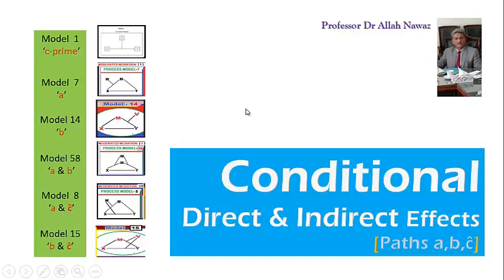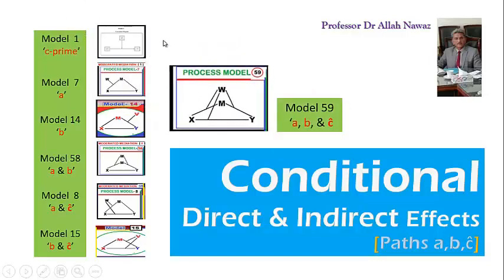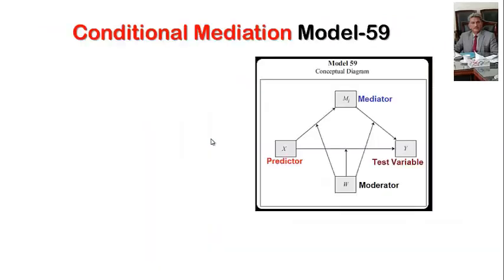Today we will talk about how a moderator can be used to affect all 3 paths at the same time, and for this purpose we will use Model 59, which appears graphically like this: the effects of a moderator are falling on all 3 paths A, B and C prime.